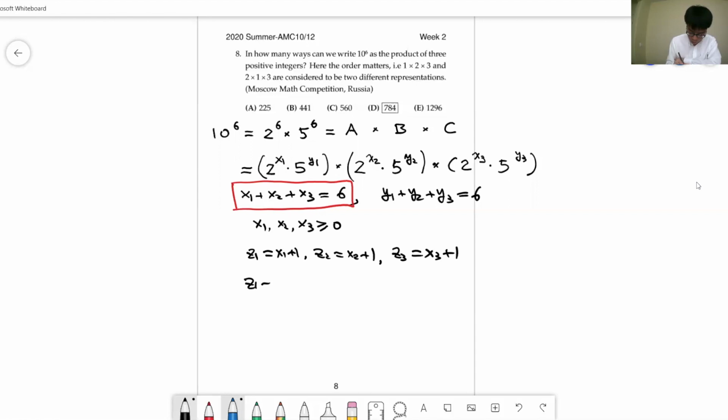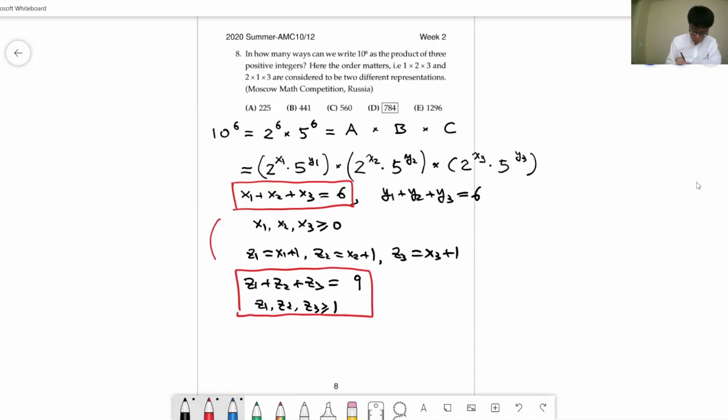So z1 plus z2 plus z3 equals 9, and here we just require z to be positive integers, greater than or equal to 1. I just add 1 to make it positive. So these are equivalent, and finding the number of solutions for x is equivalent to finding the number of solutions for z, right?